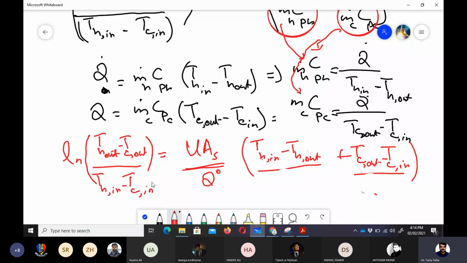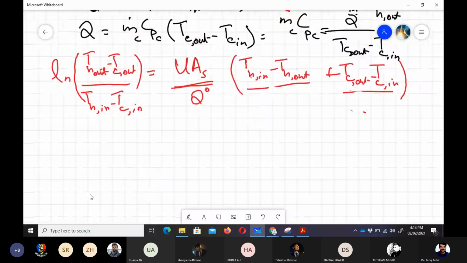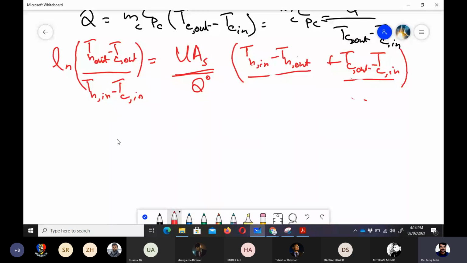Now if we want to write q dot from here, we take log in the denominator on the right hand side, and we take q dot on the left hand side.